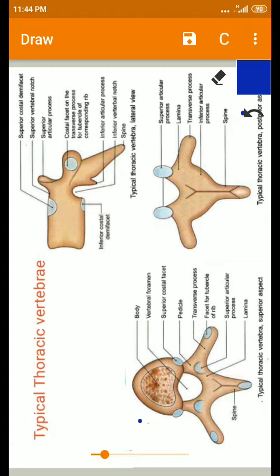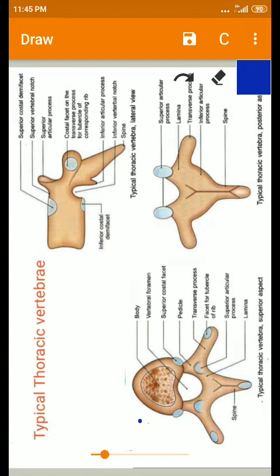In a typical vertebra we can't find these facets on the body, isn't it? We can see only the superior articular facets at the junction of the transverse processes and the lamina, isn't it? Only here. But on the body there are no articular facets in the remaining vertebrae. So this is one of the important features to identify the thoracic vertebrae.